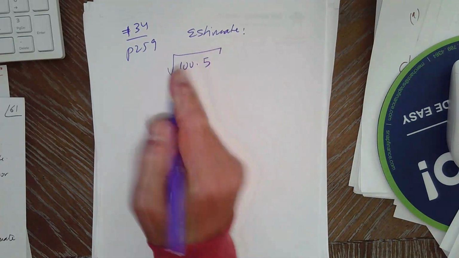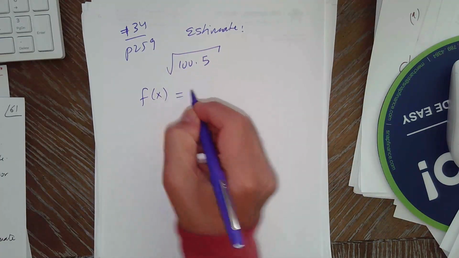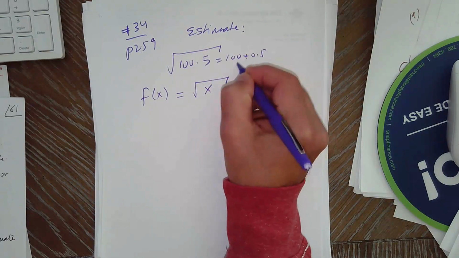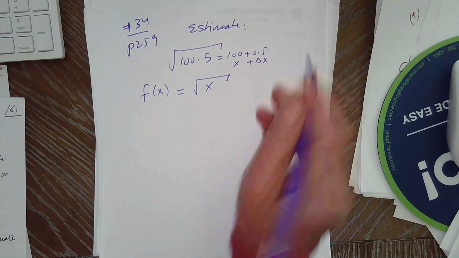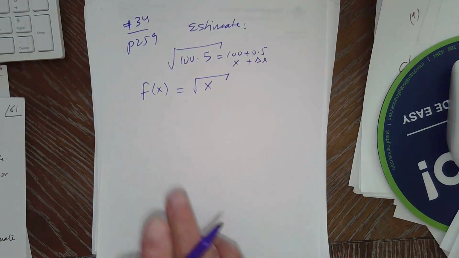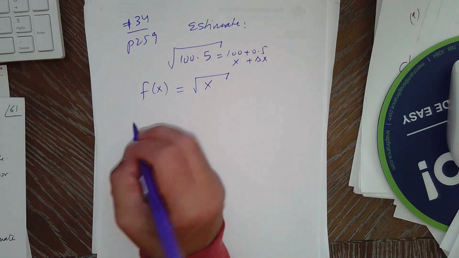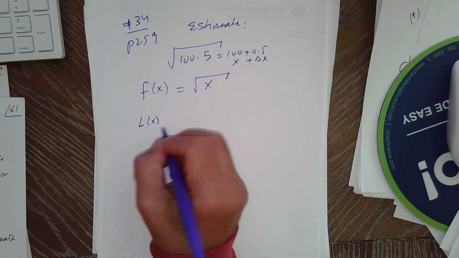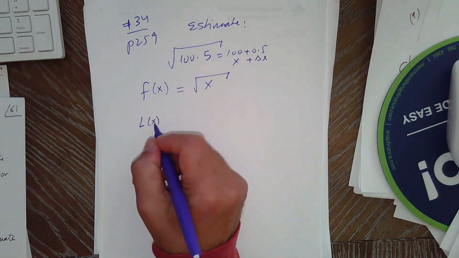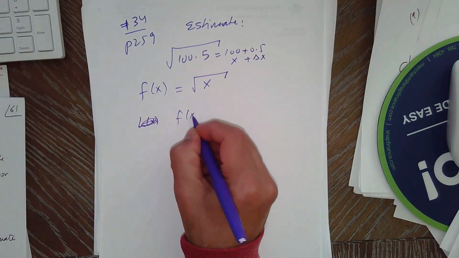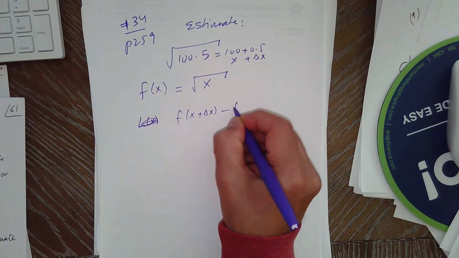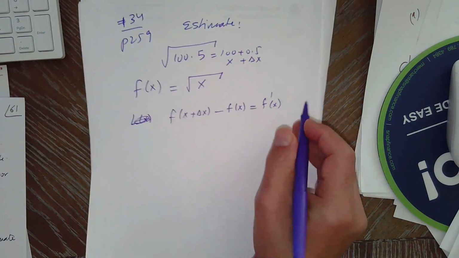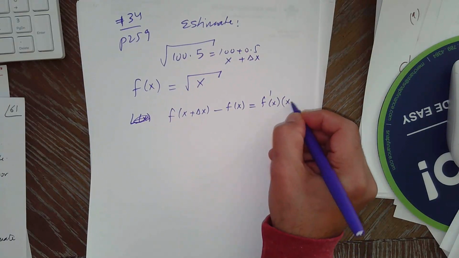So the function is obviously square root of x, and this is 100 plus 0.5, so this is x and this is delta x. So remember what we talked about, L of x, which is an approximation to find. So we know that f of x plus delta x minus f of x is f prime of x times x minus a.